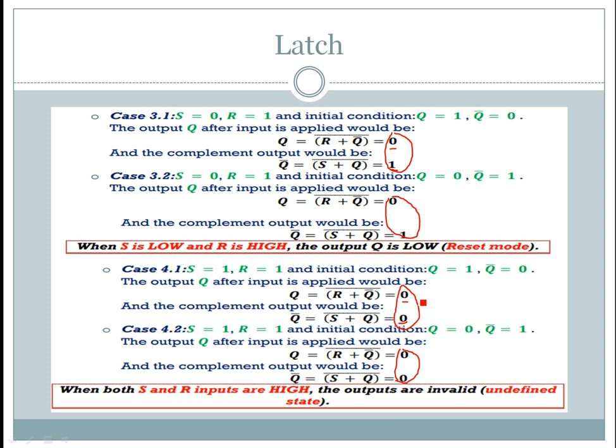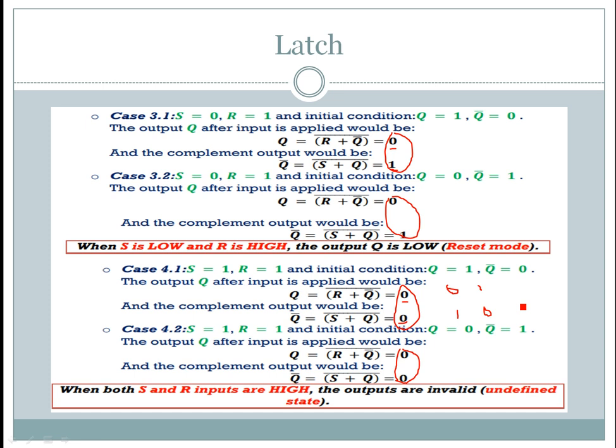So you can say that when both S and R inputs are high, the outputs are invalid because these are undefined states. When Q is 0, Q bar should be 1, or if Q is 1, Q bar should be 0.